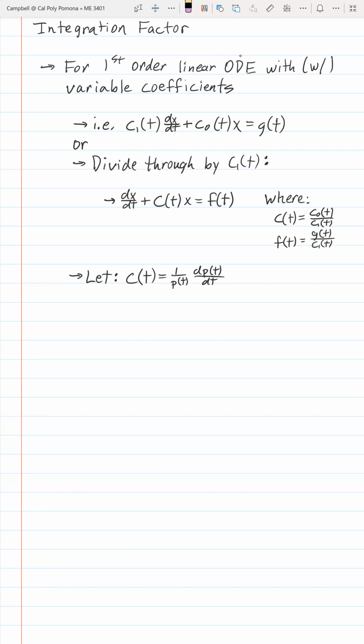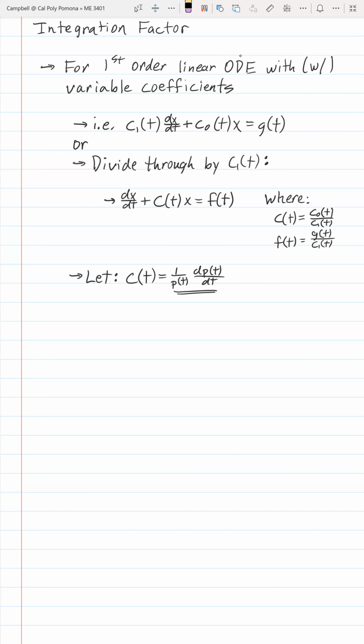So the overall problem is very difficult, but this particular approach, just forcing C of t into this form, allows us to break the problem in half into two, I wouldn't say very simple, but two relatively simple problems that are definitely very doable.